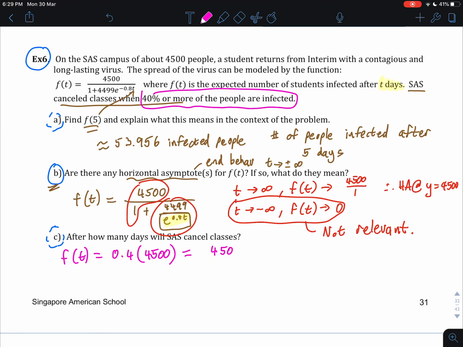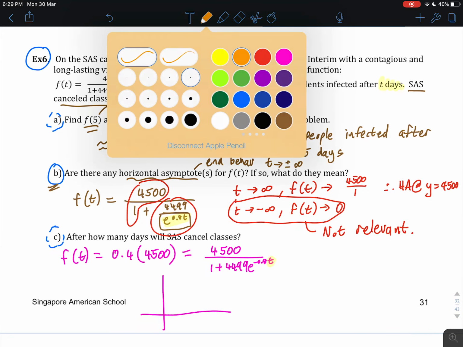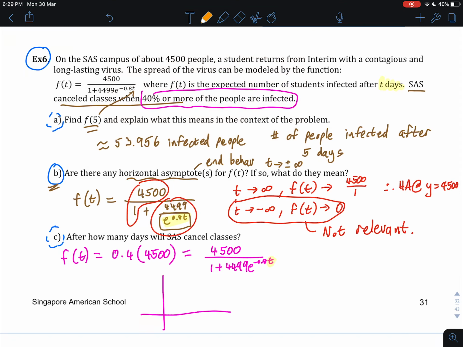If we equate that to our function and solve for t, which of course we could do algebraically, but would be more efficient to do graphically. And so I'm just going to do an approximate sketch. And so we're not interested in the portion where before time started as far as we're concerned.